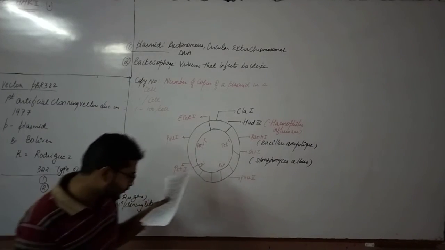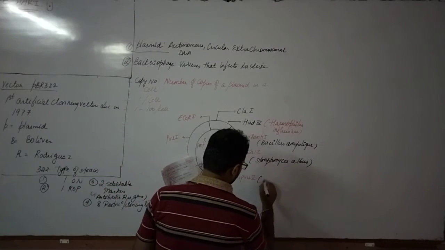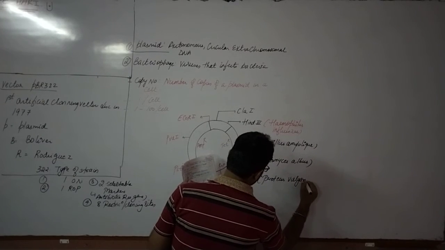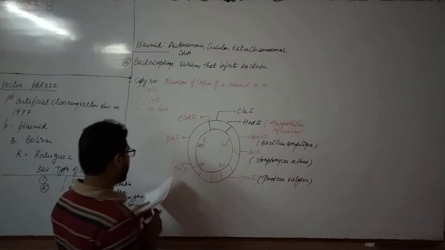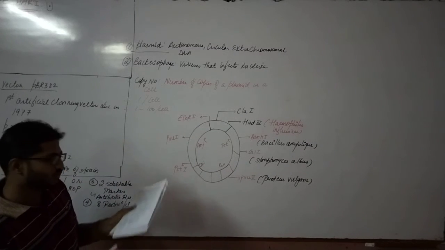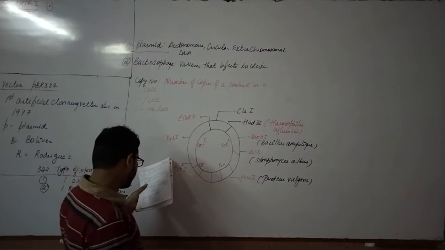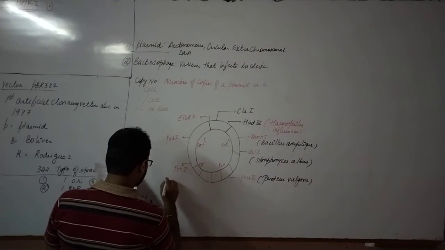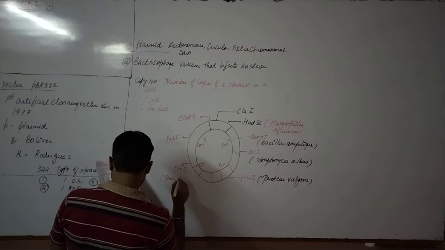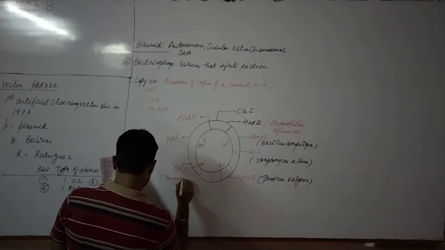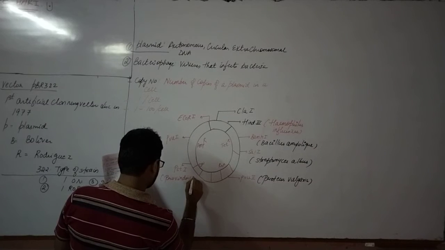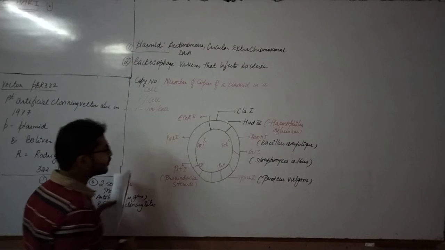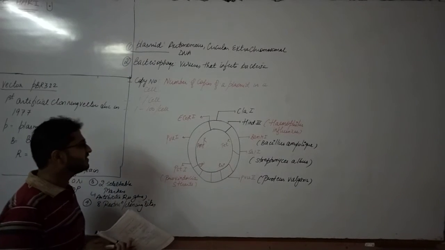PvuII is isolated from Proteus vulgaris. Then PstI is isolated from Providencia stuartii.